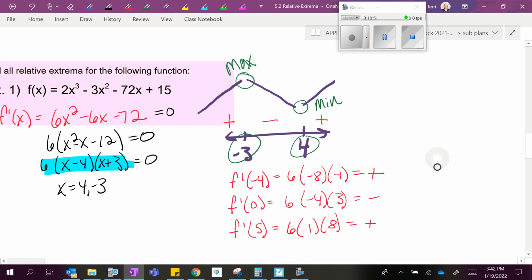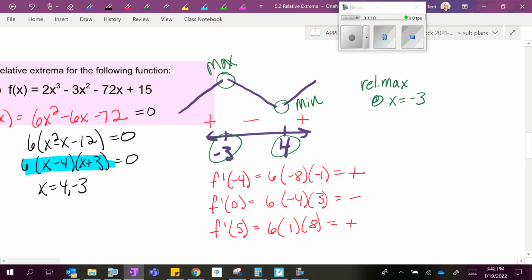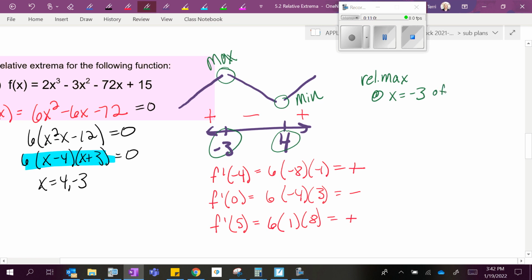So my answer here is I have a relative max at x equals -3, that's where it's occurring, of, so my "of" represents, okay, if I have a max at -3, what is the maximum value that it hits? What's my y value? To find out my y value, I have to plug -3 into my original equation.